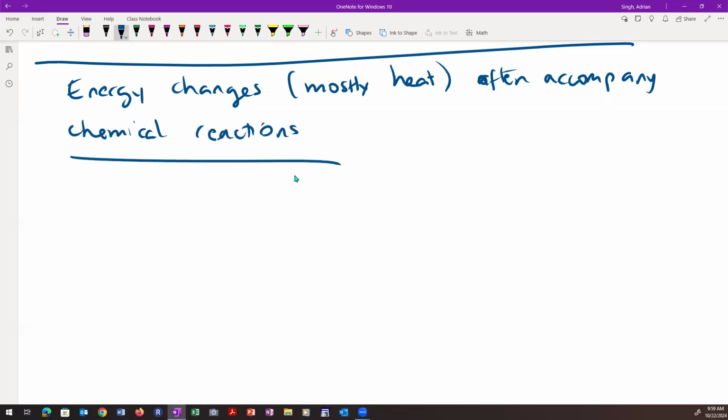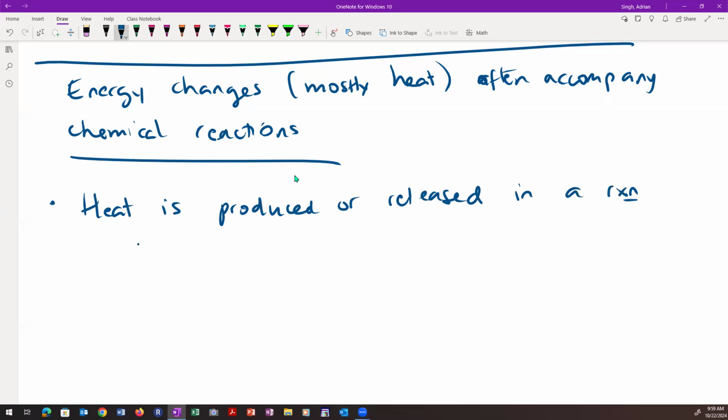So there are 2 types of situations that we're going to encounter. We have situations where heat energy or heat is produced or released in a reaction, and we refer to that also as an exothermic.